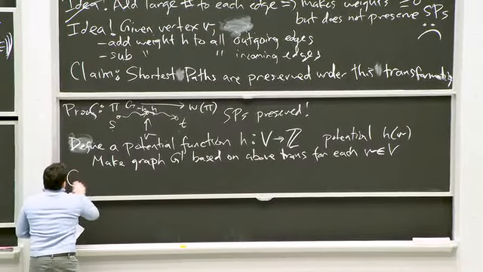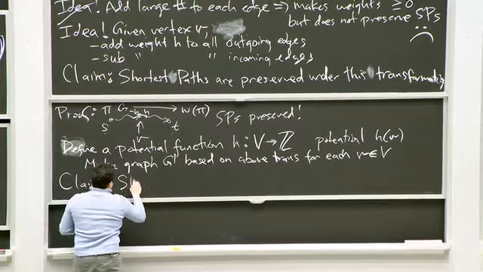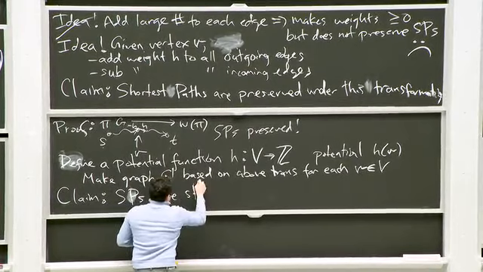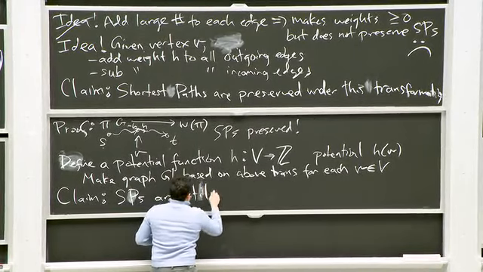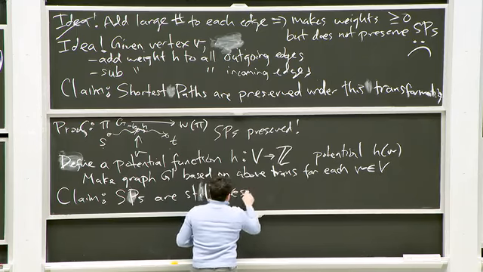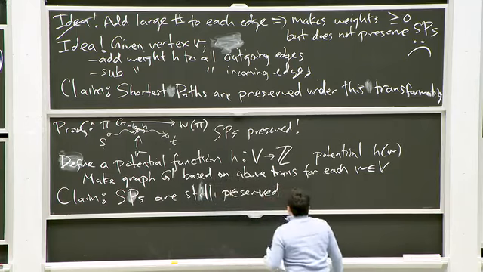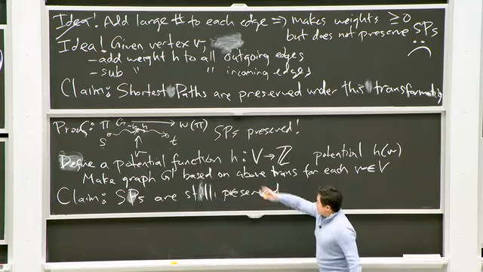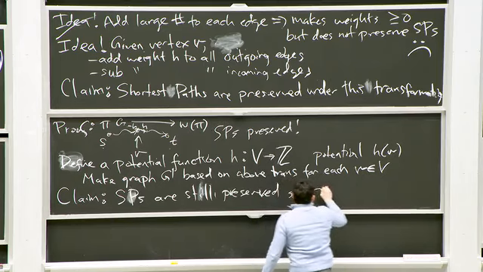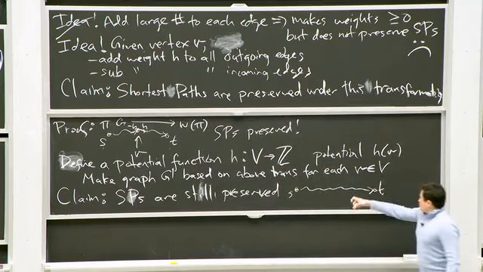So claim: shortest paths are still preserved. All right, well, that's, again, not so difficult to see. Let's consider a path from S to T. It passes through a bunch of vertices.